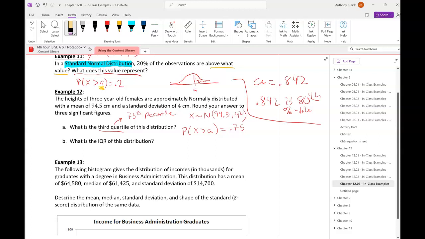Oh, yes. I got 89.89. That isn't correct. 97 point, well, you rounded to 2. Yep.